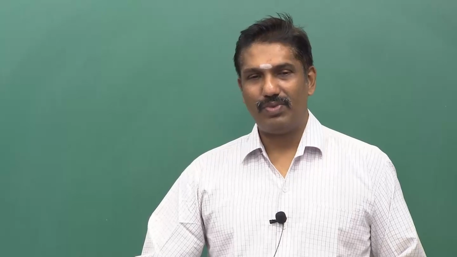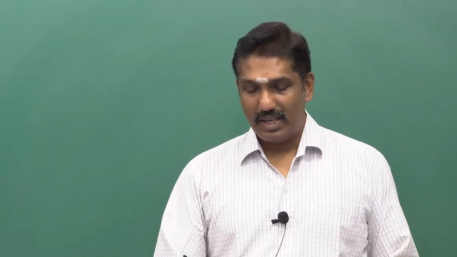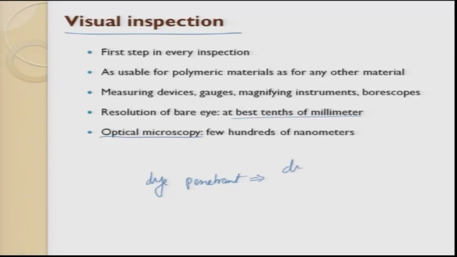Suppose there are defects which are still not visible, then we go for a dye penetrant test. A dye is sprayed on the surface, and then we add a developer on top of this dye and clean the surface. Say this is a composite, and this is a crack.